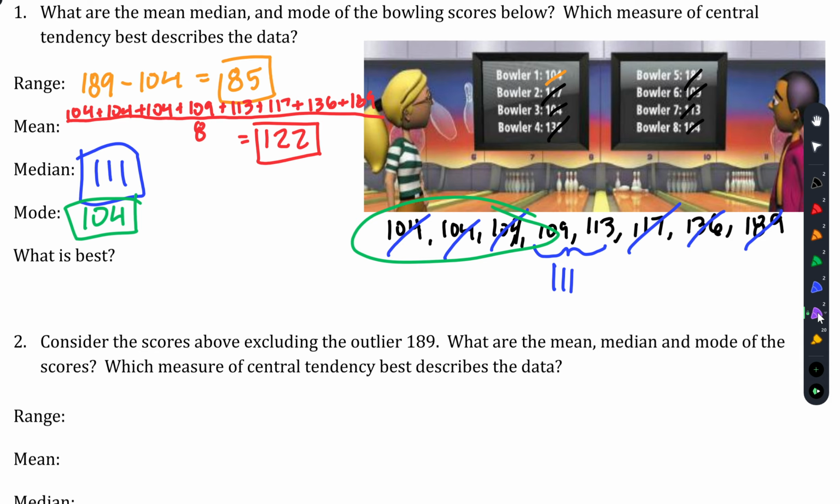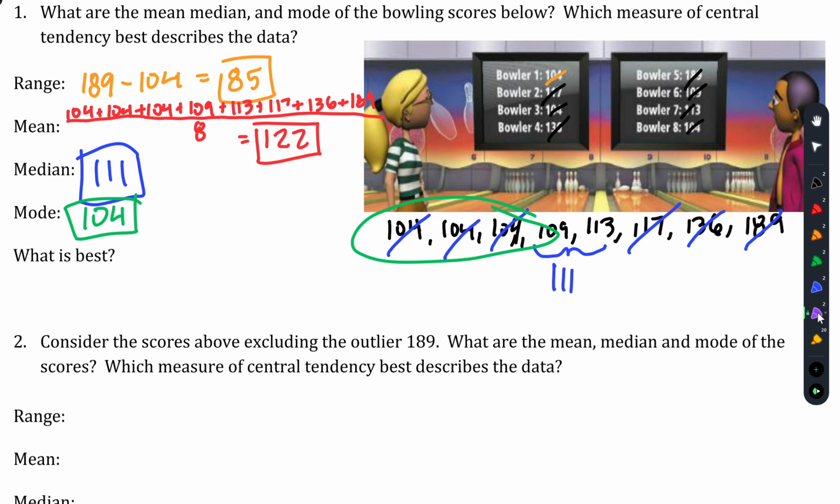Any ideas? James? Why do you think the median is the best? Because it's kind of in the center. Why would we say maybe the mean isn't the best here? Why isn't that 122 super accurate? Anybody? Yeah, Sarah?